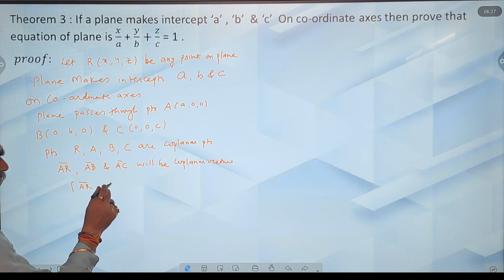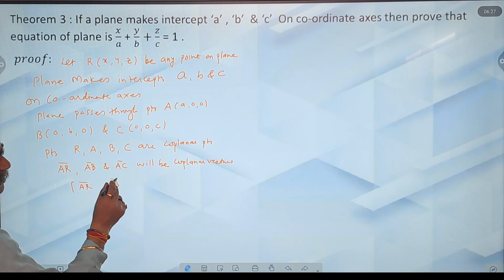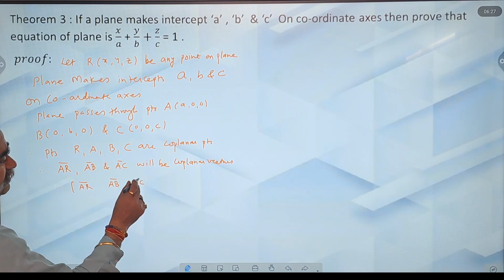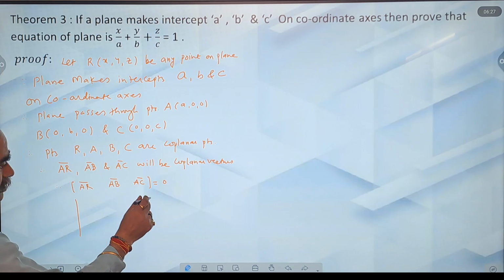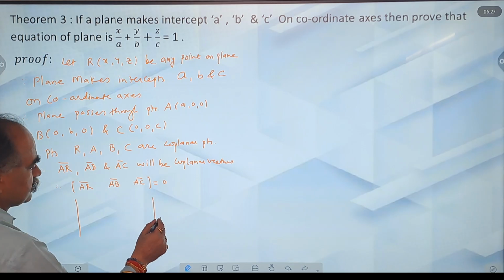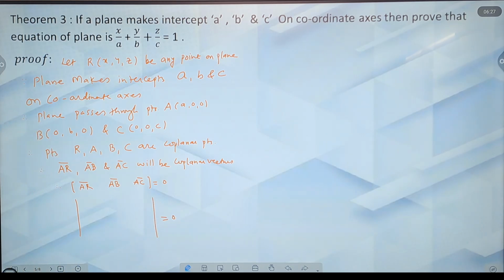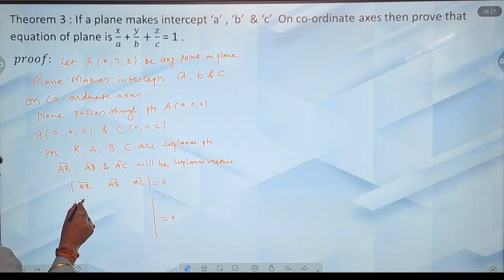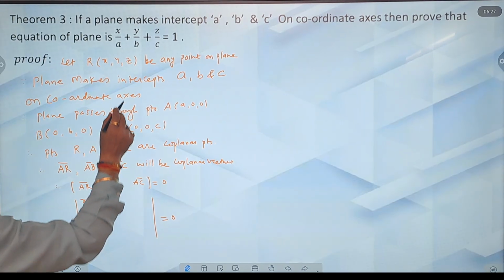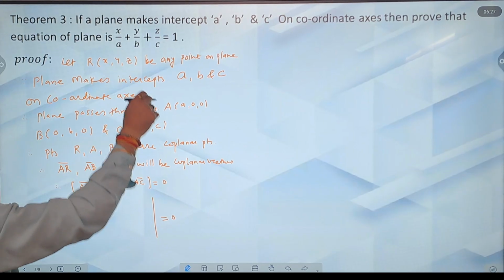So the triple product of AR bar, AB bar, AC bar will be 0. AR bar is R bar minus A bar. So x minus a, y minus 0, z minus 0.